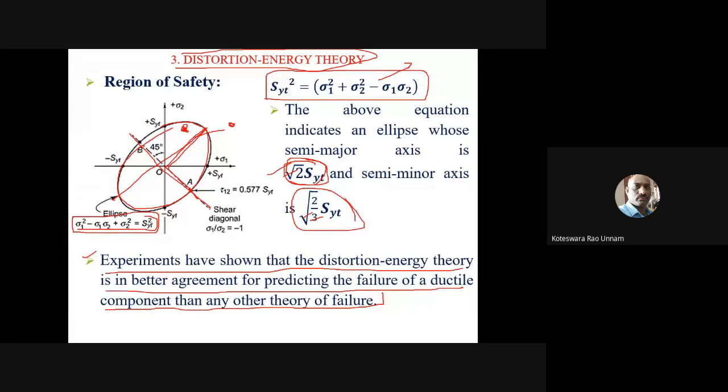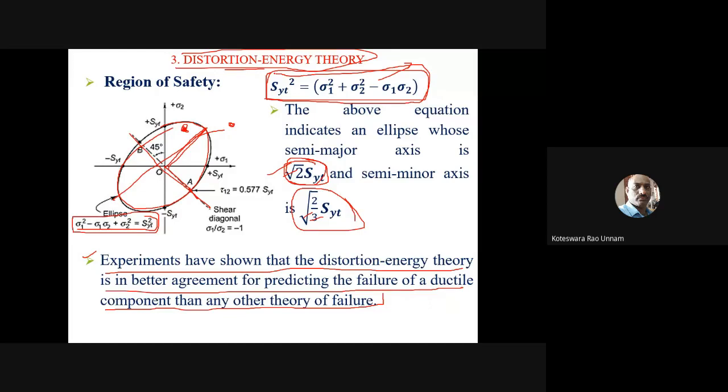But people use both theories simultaneously, because the drawback with this theory is that the calculations are complex, whereas in the maximum shear stress theory the calculations are very easy and simple. So that is the one difference. If you want a quick solution that is not that accurate, we go for the maximum shear stress theory.